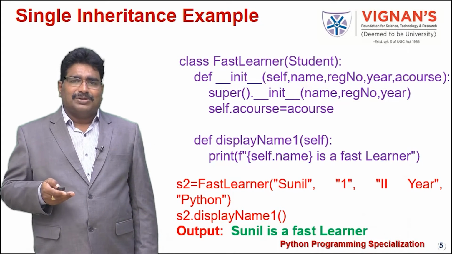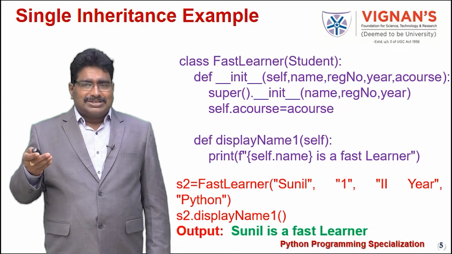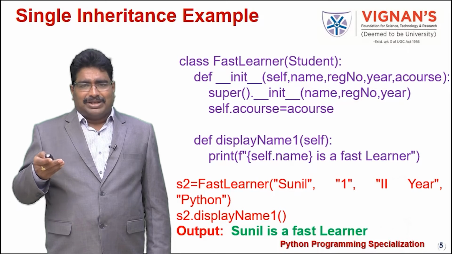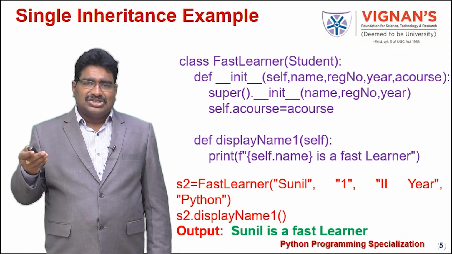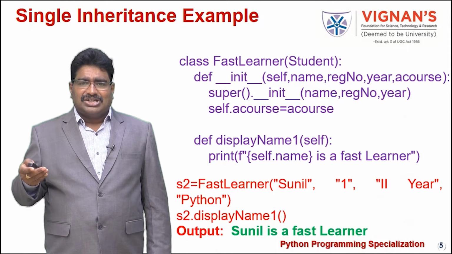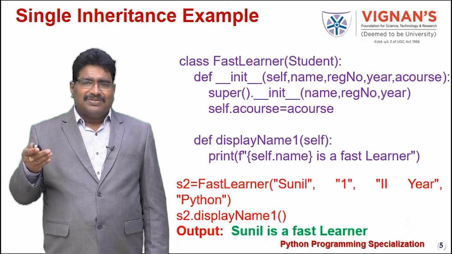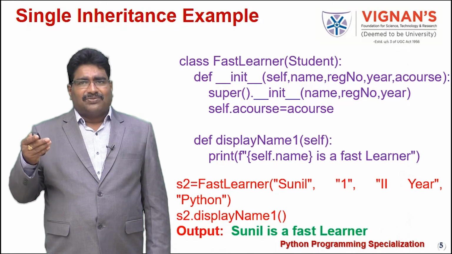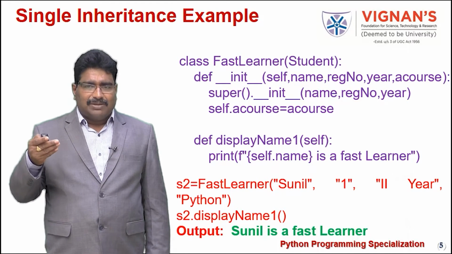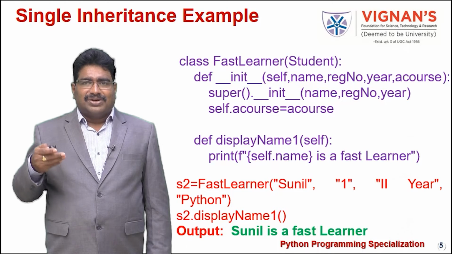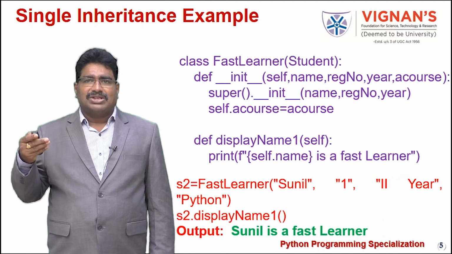In this example, we defined the person as a base class or the parent class. The person class consists of the name, register number and year, and it has display_name as a method. And from the person class, we are deriving the FastLearner. So here the FastLearner class is derived from the student class.